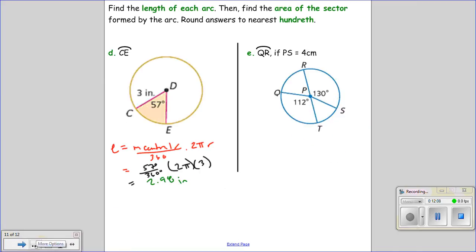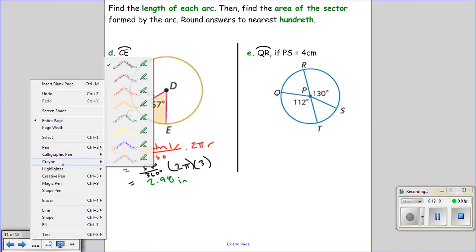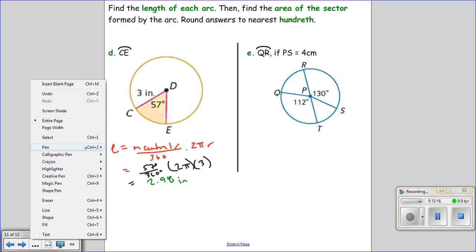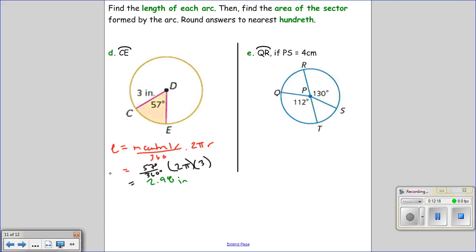Now to find the area of the shaded portion, or the portion formed by arc CE. So to find the area, again, it's the measure of the central angle divided by 360 times the area of the circle, which the area formula is pi times radius squared.